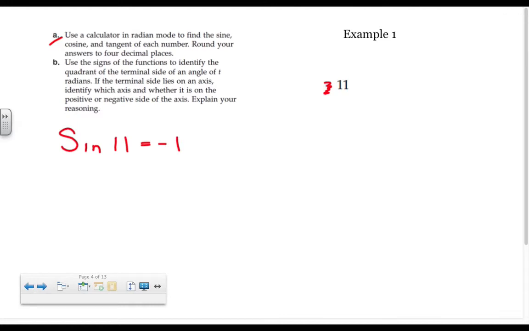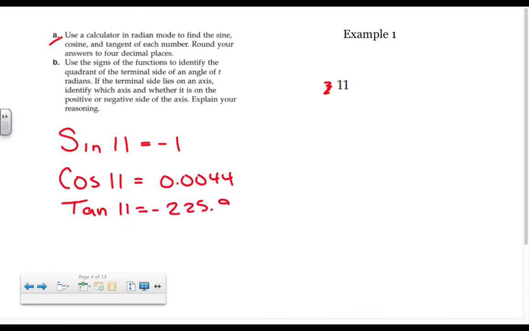Okay, cosine of 11 is positive 0.0044. And tangent of 11 is negative 225.9508.